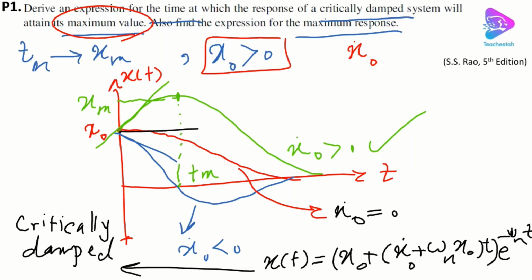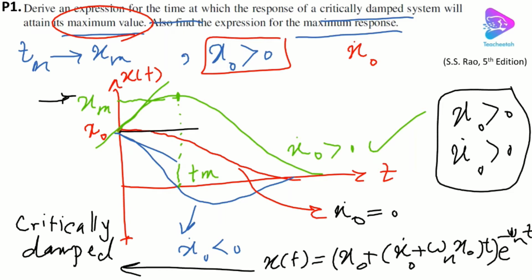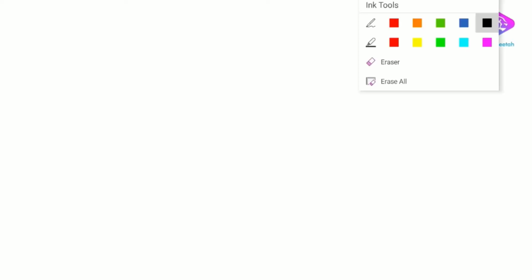So now we know that for this problem, to get a max value, or a time that gives us a maximum value of amplitude or displacement, we need to ensure that x naught is positive and x dot naught is also positive. These are our conditions for this problem. So let's continue and see how we can find the time of the maximum, and what the maximum value of the amplitude is at that time.